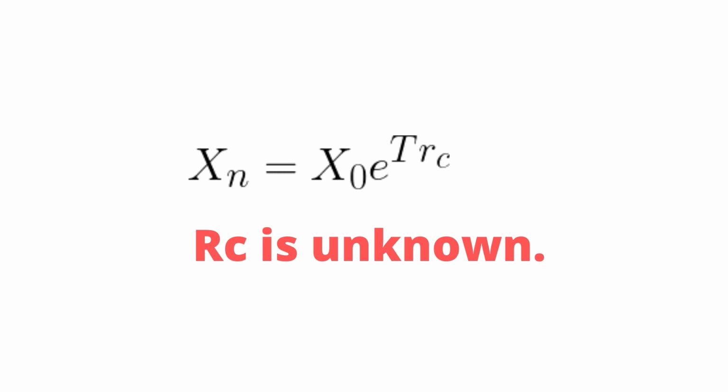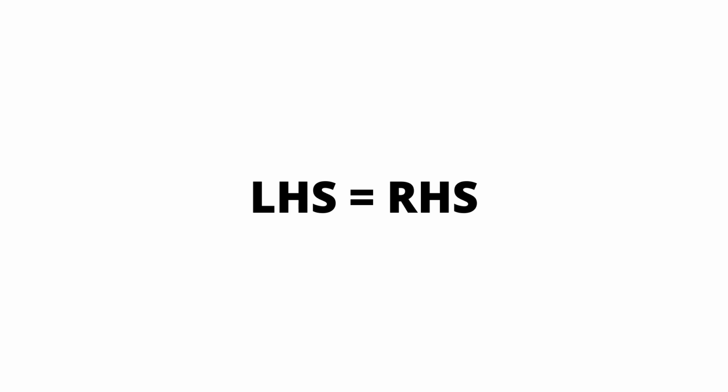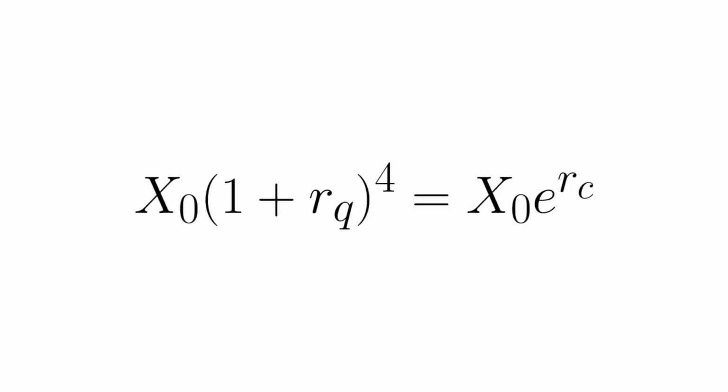This RC, or continuous compounded rate, is equivalent to the quarterly compounding. So we can create an equation where we have 2 sides representing these 2 types of compounding. On the left-hand side, let's have the quarterly compounding, and on the right-hand side, we will have the continuous compounding.